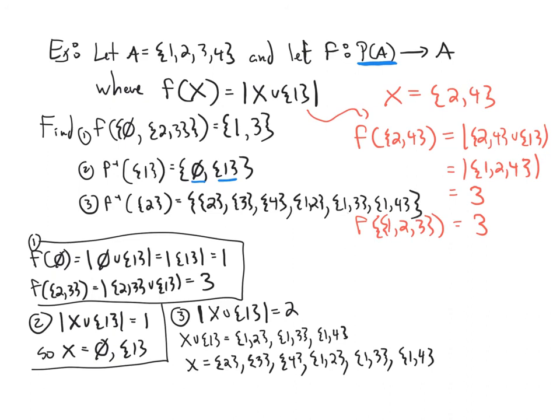So that set contains the set {2}, the set {3}, the set {4}, the set {1, 2}, the set {1, 3}, the set {1, 4}. Those 6 elements, which are subsets of A, so elements of the power set of A, all get mapped to 2 in the codomain, and they're all of them, so this is indeed the inverse image.